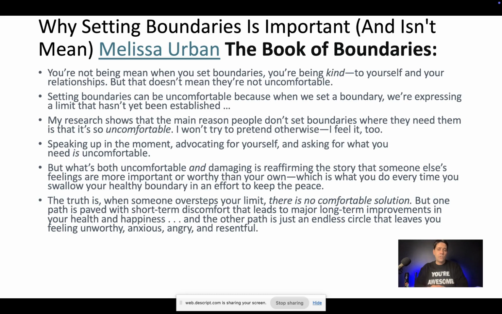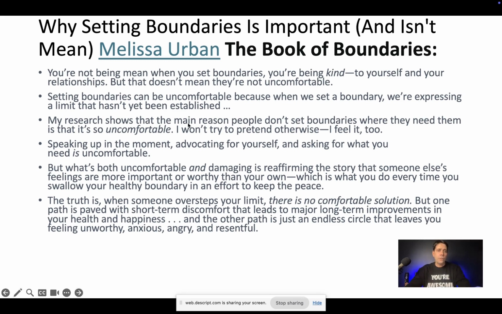I feel like this is the number one reason why young teachers don't set boundaries, is because they are uncomfortable, and we don't like uncomfortable. But we need to get uncomfortable so that we can get more comfortable. In a class where there's boundaries, the students get more comfortable so we can have more powerful experiences.